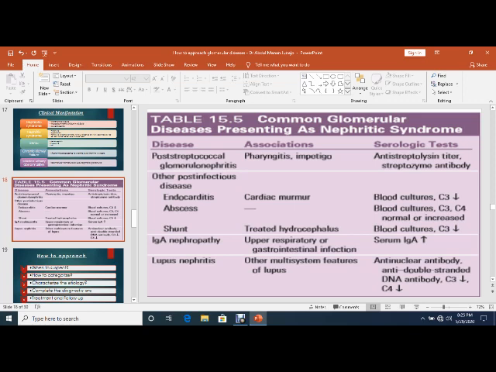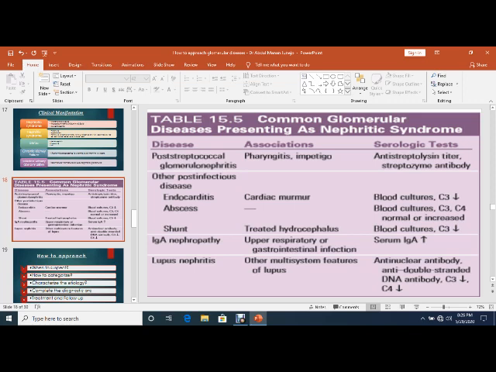In serology, complement C3 and C4 will be low. In the case of shunts, which are usually done for hydrocephalus, that is the shunt nephritis, the patient can present with low complement C3 and blood culture may be positive.